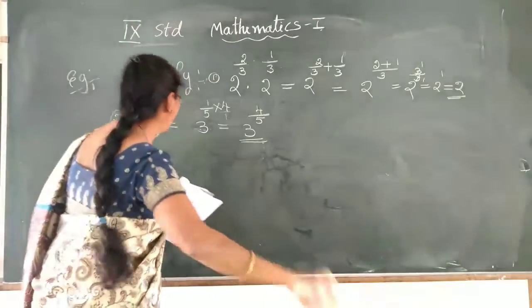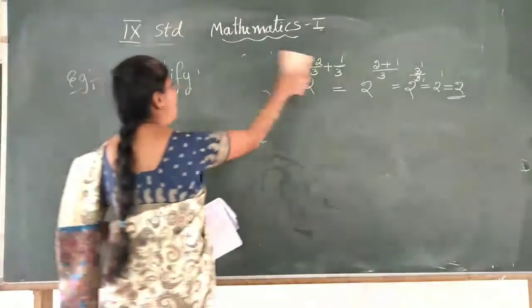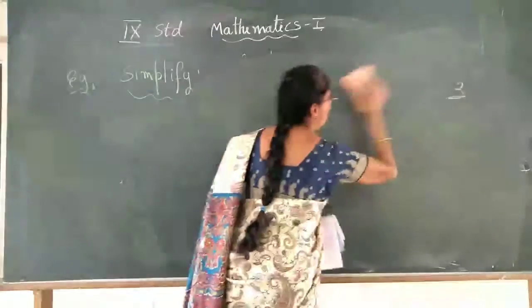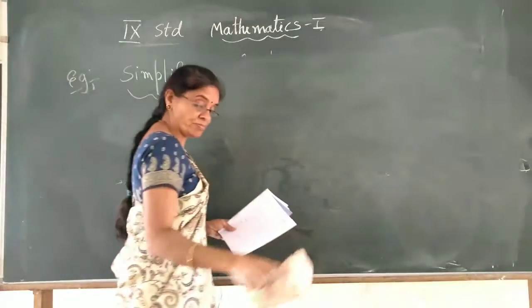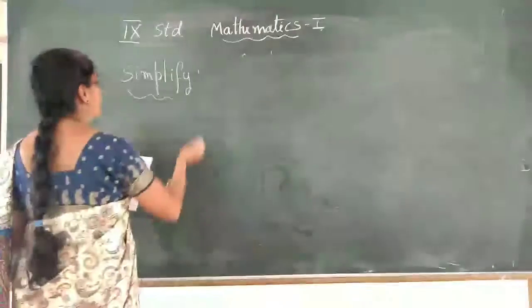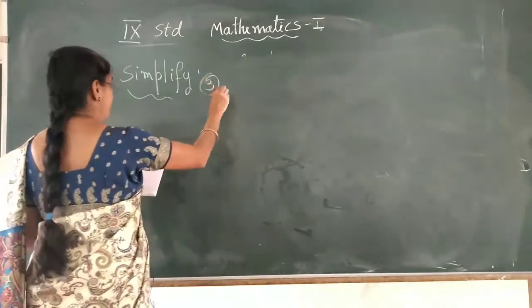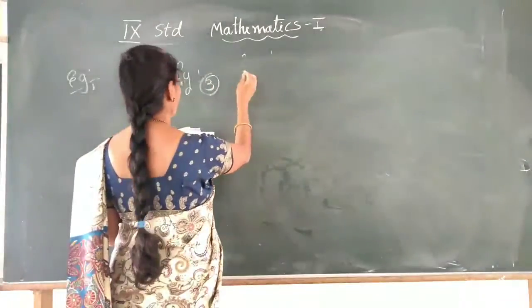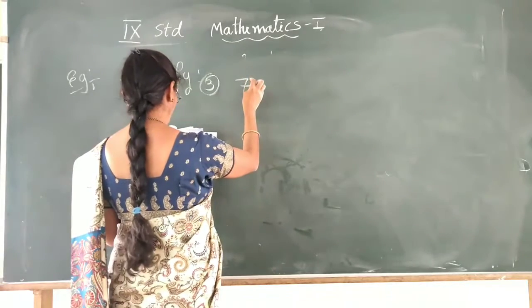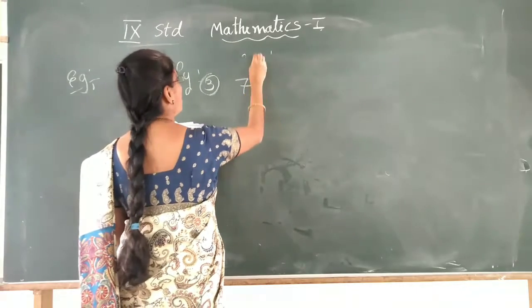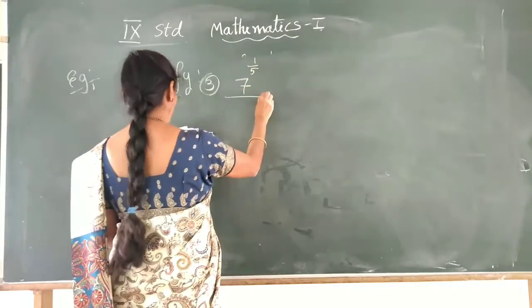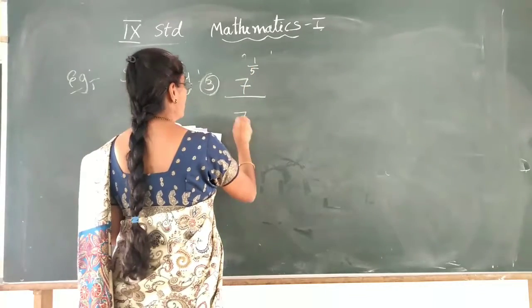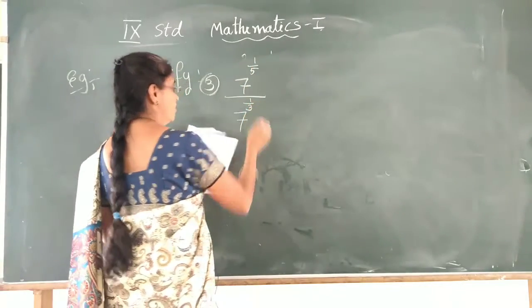One more example we will take. Third example, simplify 7 to the power of 1 by 5 divided by 7 to the power of 1 by 3.